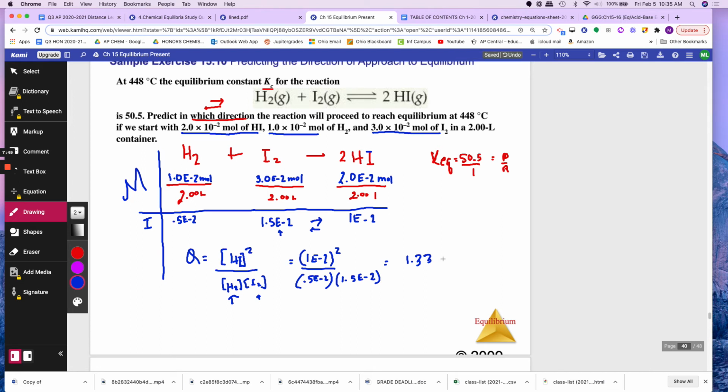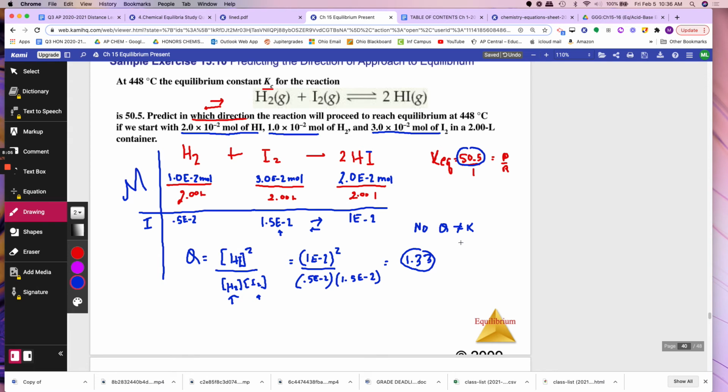Okay, so let's think about this. This is my Q, and my Keq is 50. Am I at equilibrium? You're going to say no. Since Q is not equal to K, you're not at equilibrium. And then it asks you to predict which direction the reaction will proceed. Is it going to the right or to the left?